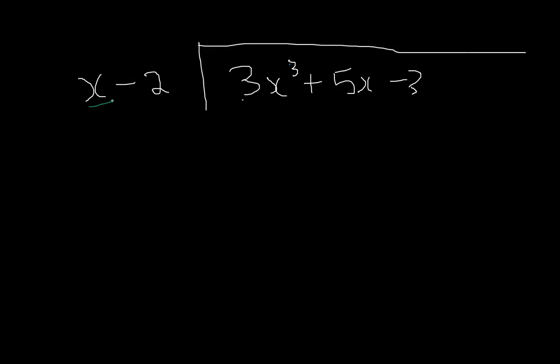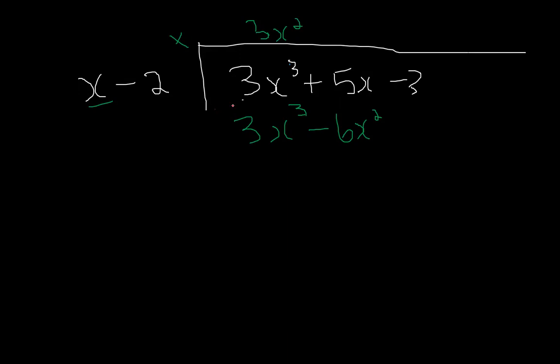X into 3x cubed, that's 3x squared. 3x squared multiplied by x will give me 3x cubed. And then 3x squared multiplied by minus 2, that's minus 6x squared. And we subtracted them.